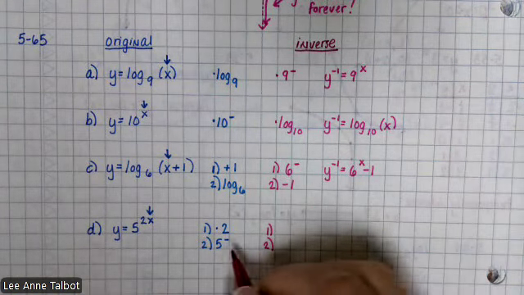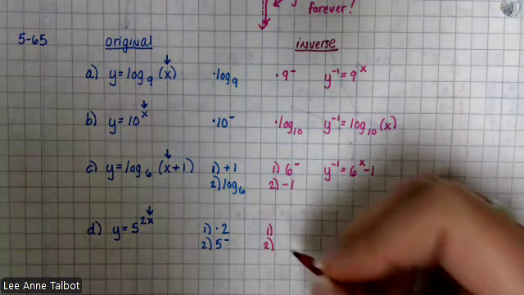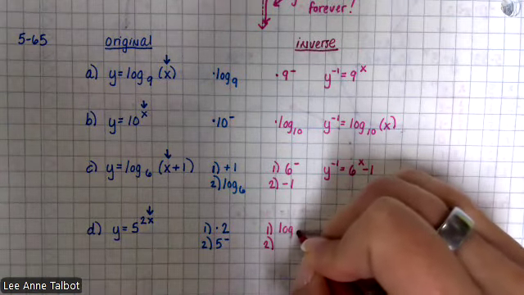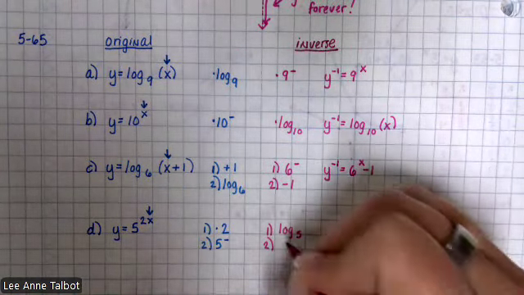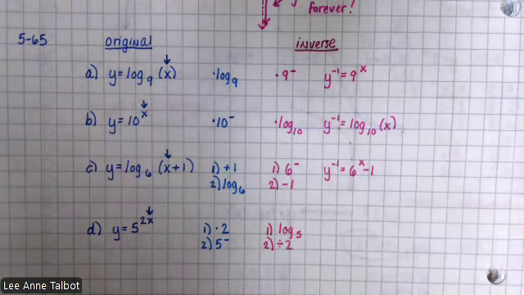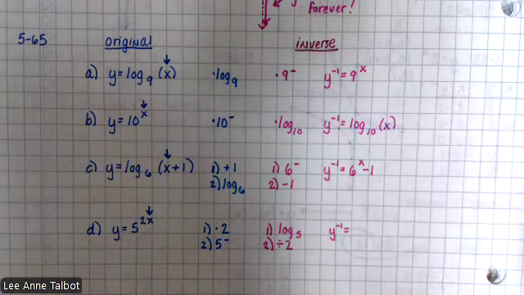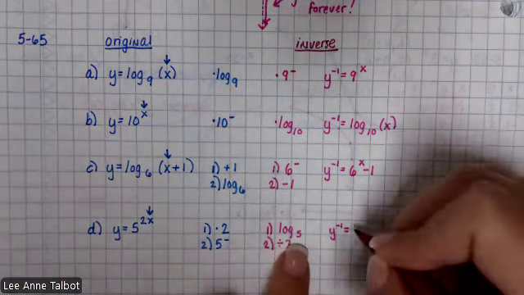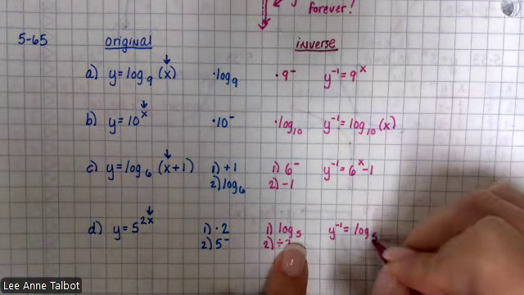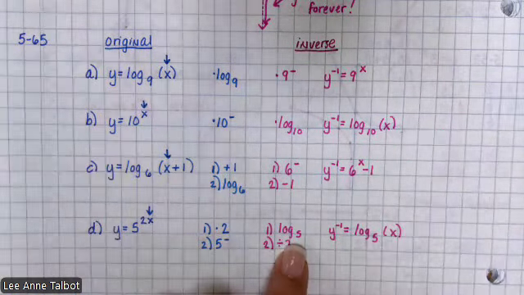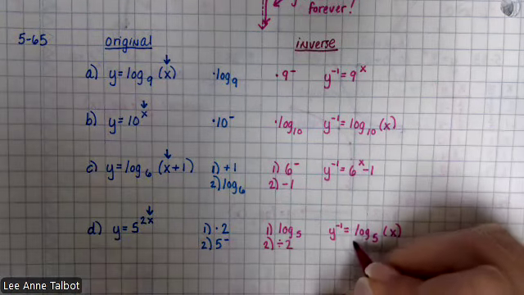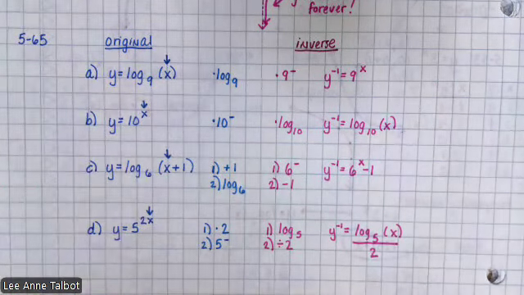How do I undo 5 to the power? Log base 5. Divide by 2. Step one is log base 5 of x, divide by 2 on everything.